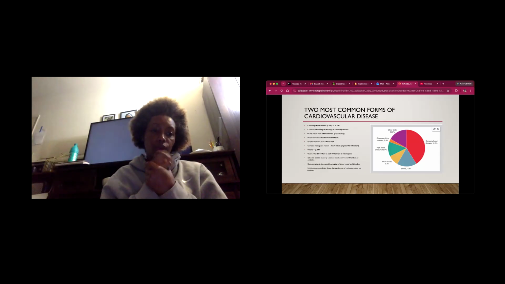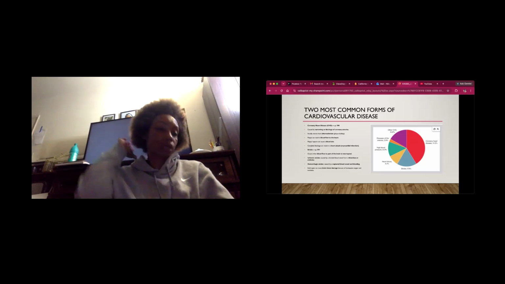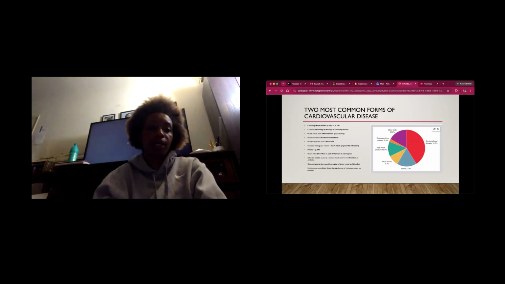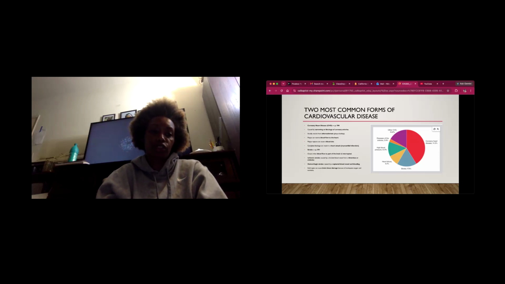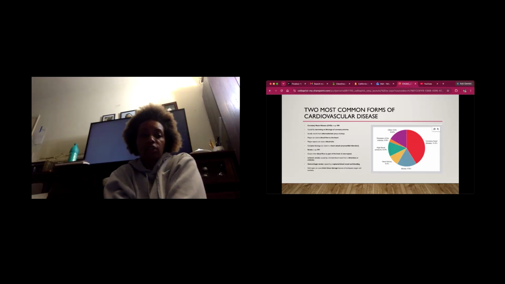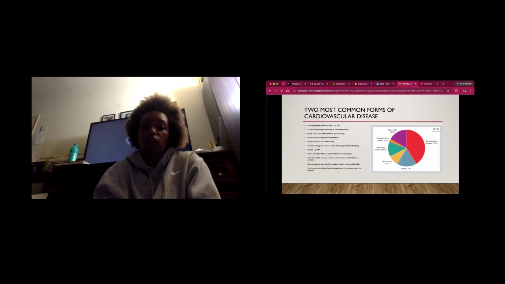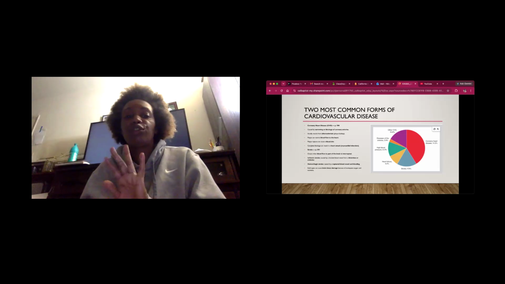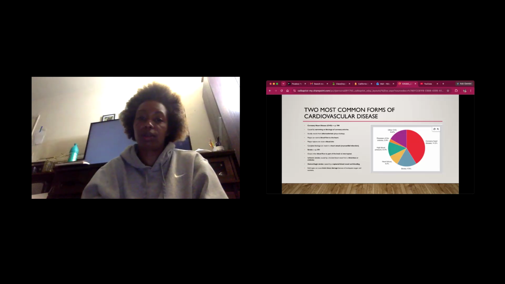A hemorrhagic stroke occurs when a blood vessel in the brain ruptures and causes bleeding. Both conditions can damage brain tissue because the affected area does not receive adequate oxygen and nutrients. This is also found on page 591 of the textbook.